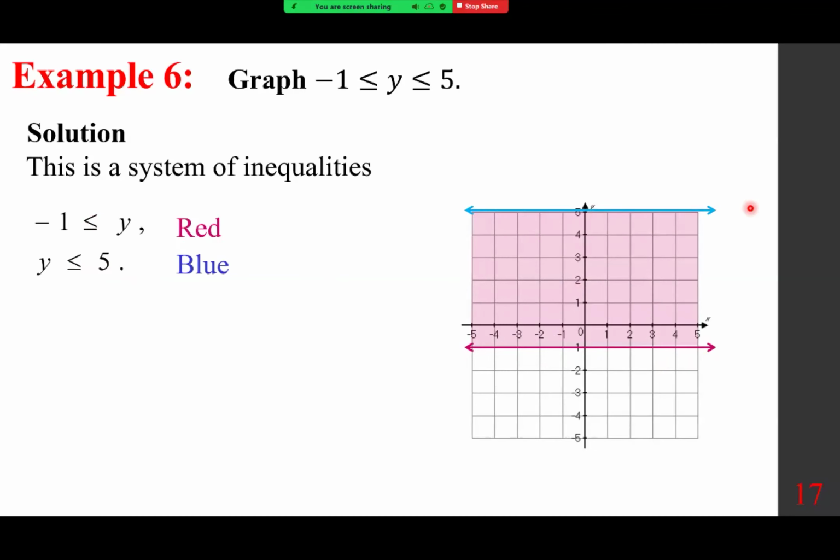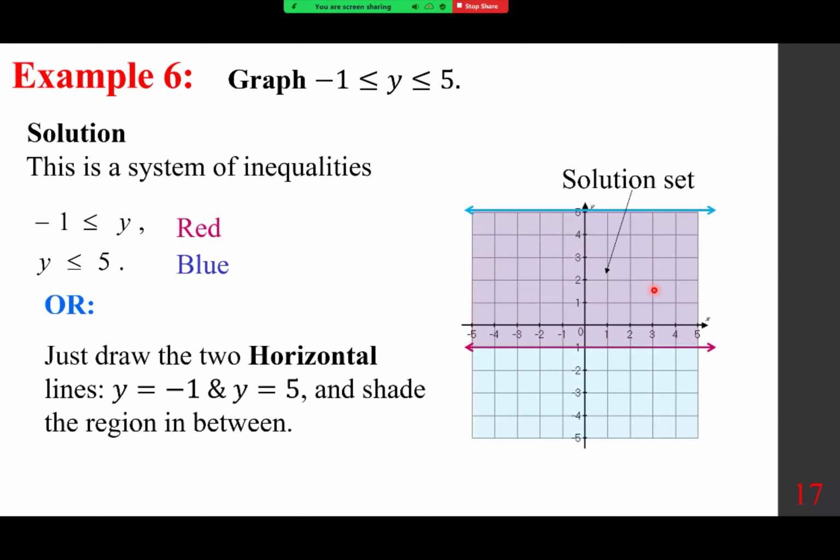Again, this is a solid line, so everything underneath, and they come together in between. Or as I mentioned, just draw the two horizontal lines, y equals -1, y equals 5, and shade the region in between. It's very obvious, class. I hope you find this an obvious case.